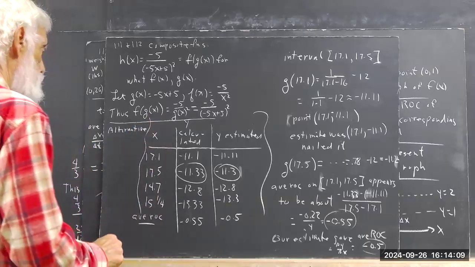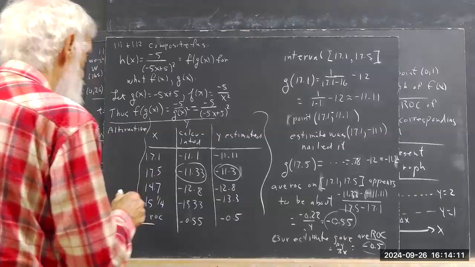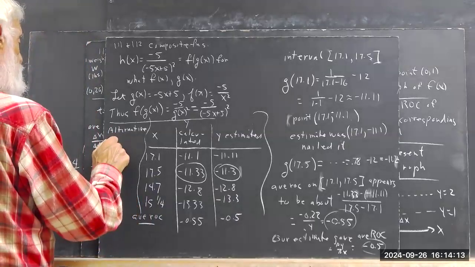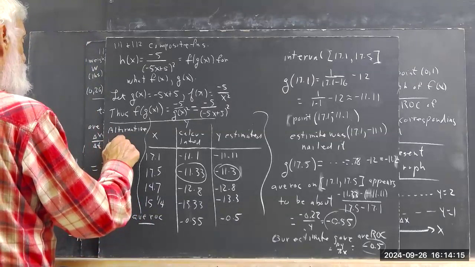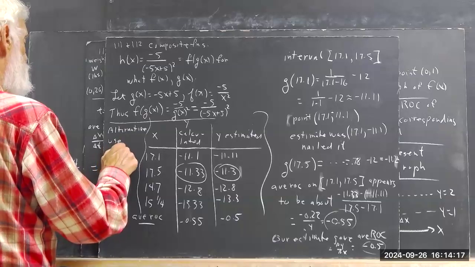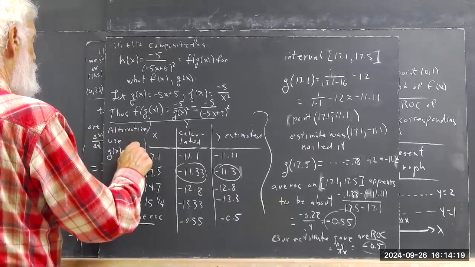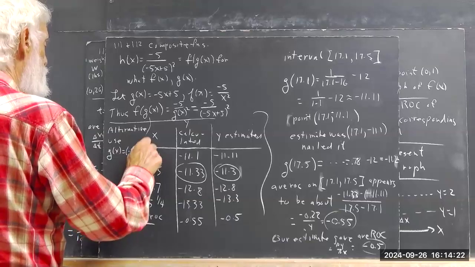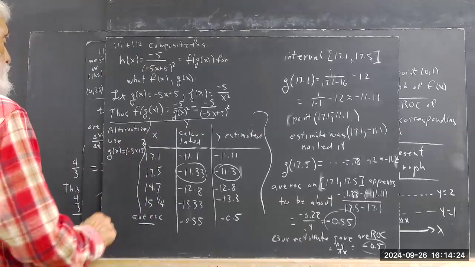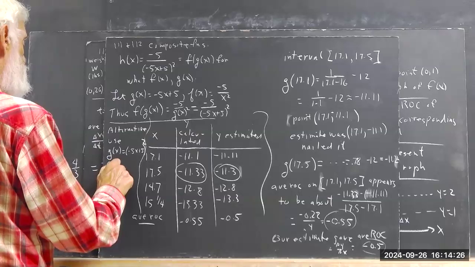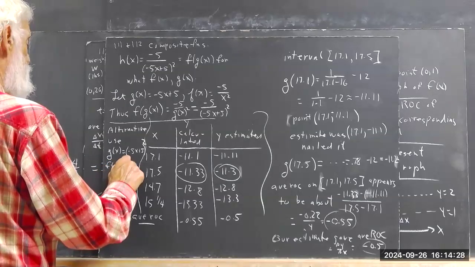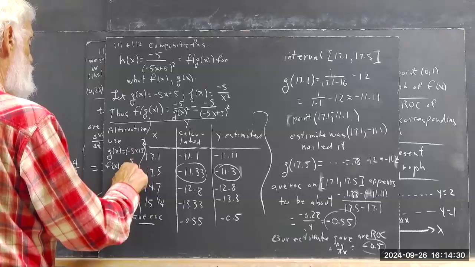I'm going to write this as a comment because it should be pretty obvious. Use g of x equals -5x plus 5 squared, and f of x equals -5 over x.